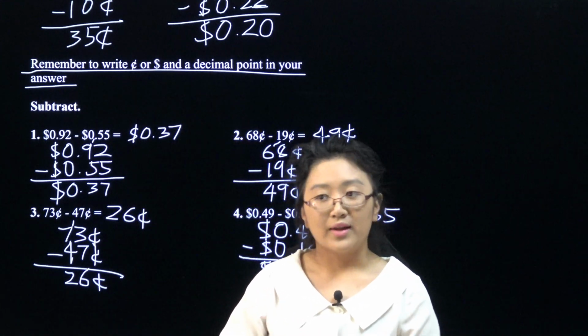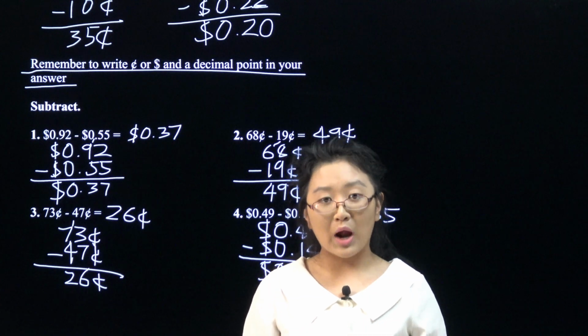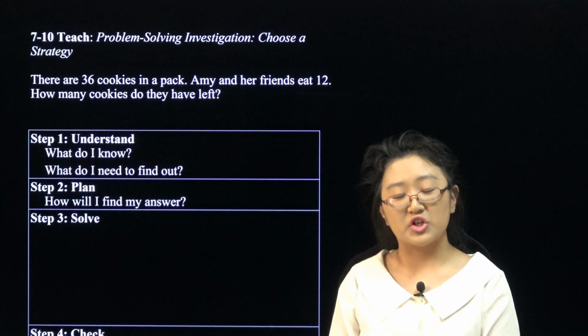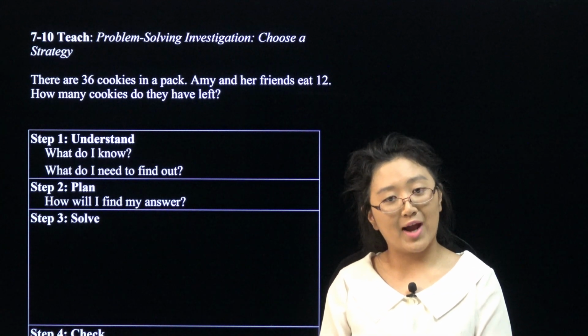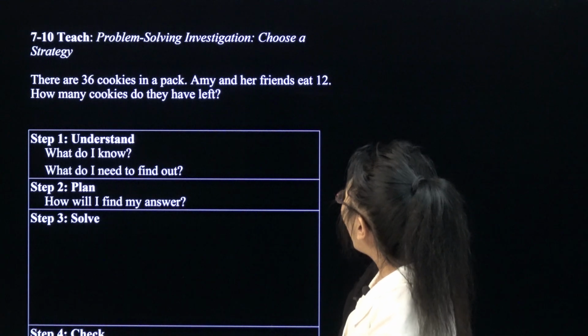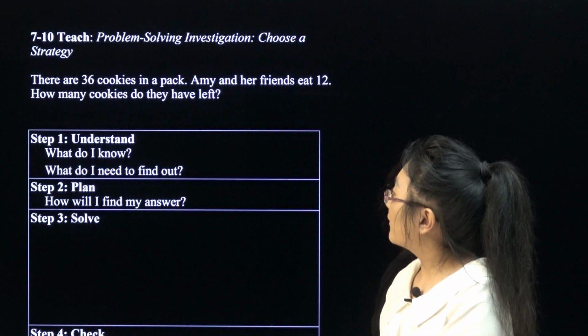Okay, so that's subtraction. Now we are going to move on to some problem solving. For our last problem solving investigation of this chapter, we get to choose a strategy. There are 36 cookies in a pack. Amy and her friends eat 12. How many cookies do they have left?